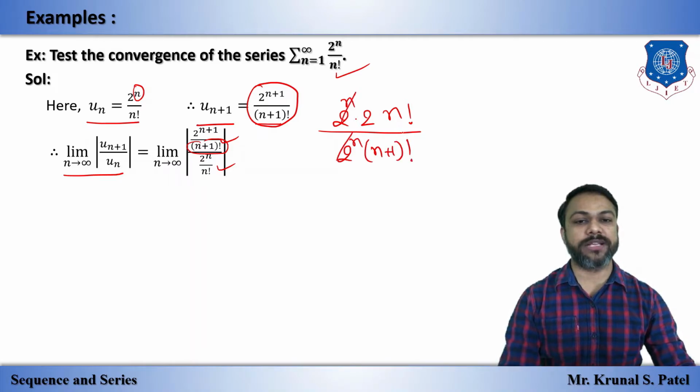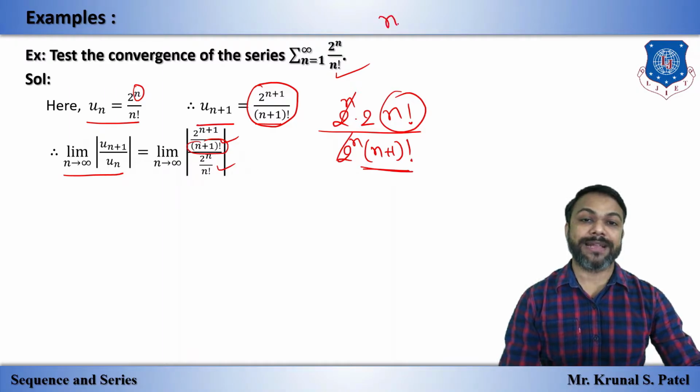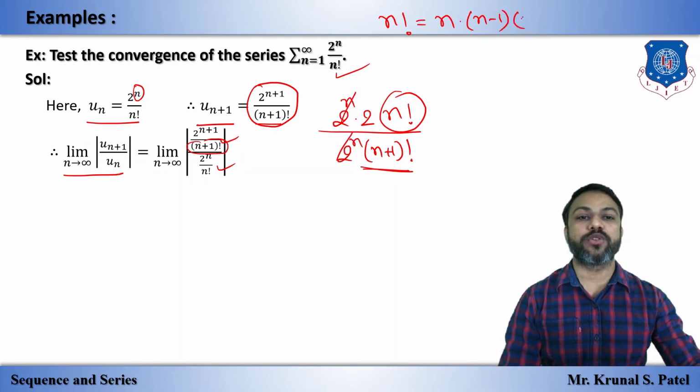So we can cancel these out. And how can we cancel out this factorial? We know the factorial formula: n factorial is given by n into n minus 1 into n minus 2 into n minus 3 up to 3 into 2 into 1.